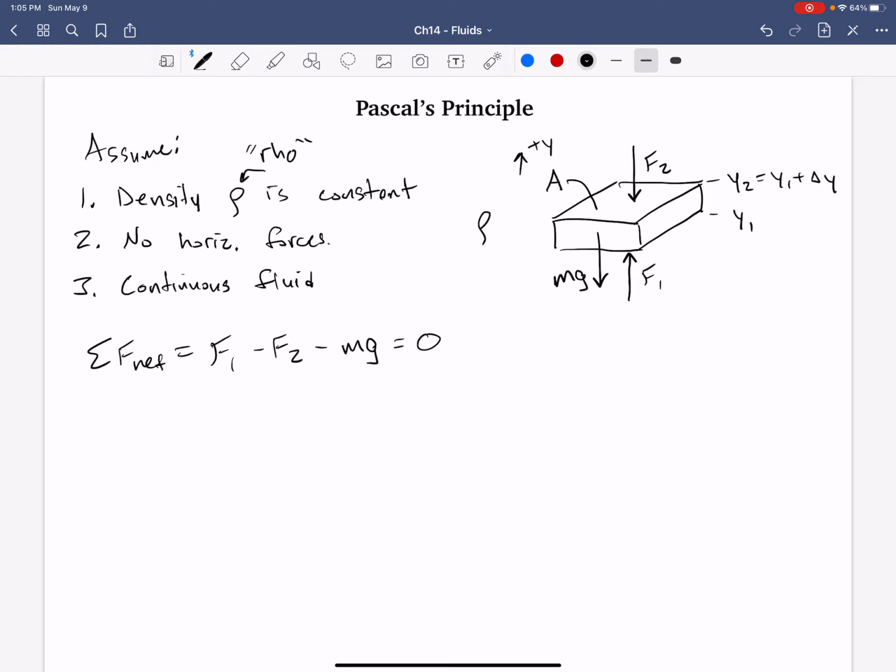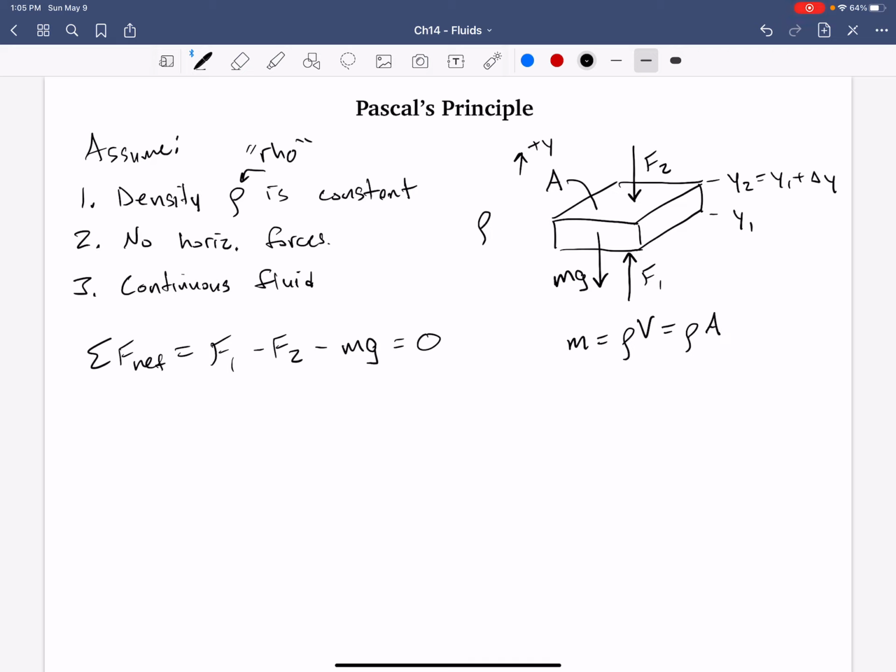Now, we need to redefine what the mass of this volume is. How can we put mass in terms of the density? Well, we know that density equals mass per volume. That means mass is then density times volume. And as far as this volume here, that's just simply area times height.